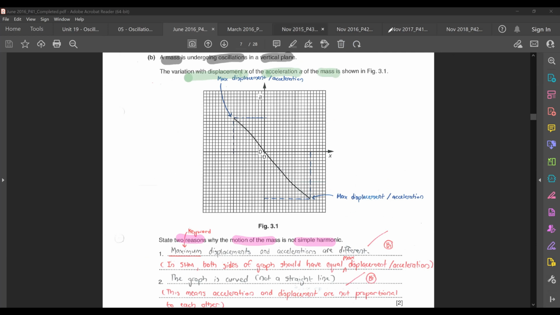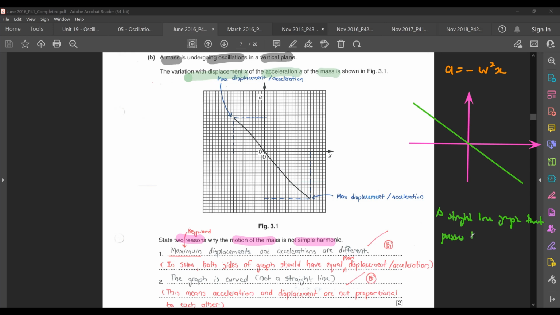So just to recap a little, when you have a equals negative omega squared x, the graph shape that you should get is a straight line graph that passes through the origin with negative gradient.